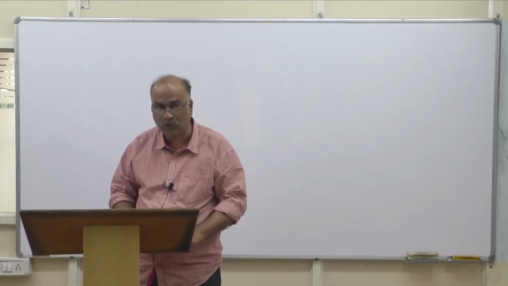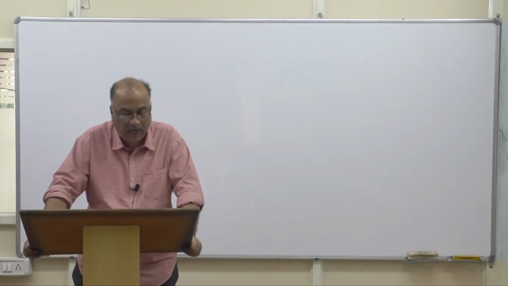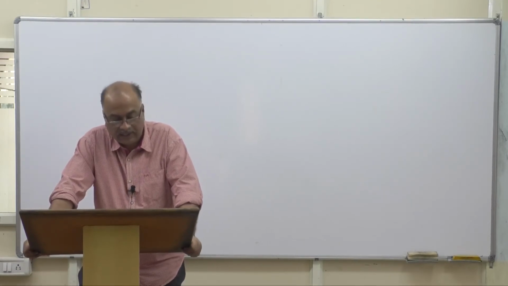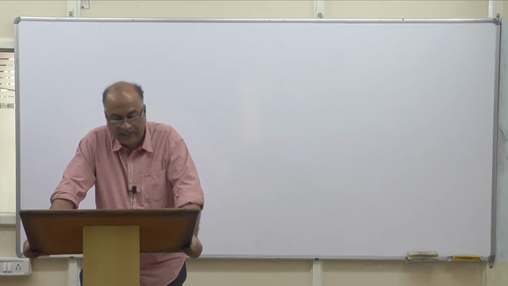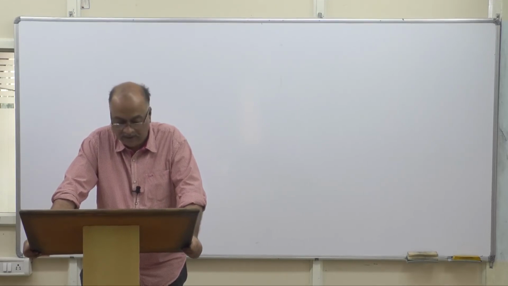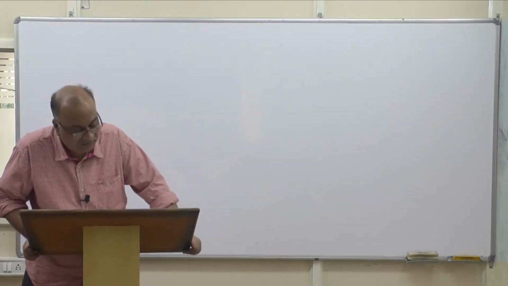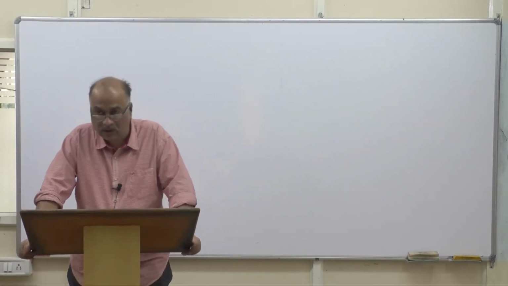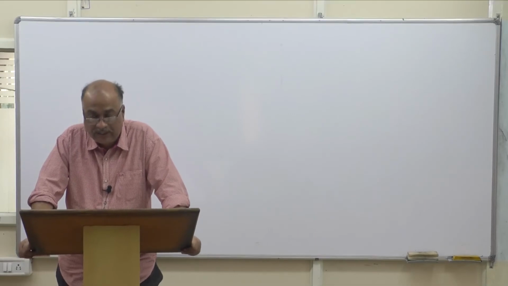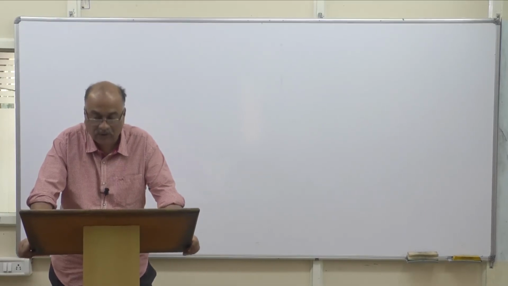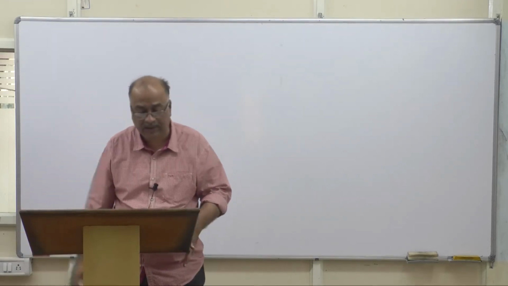With respect to question 62, which of the following articles are related to children? Article 39, Article 45, Article 21A, Article 51A. In fact, all these articles deal with the upliftment of children. Article 39 talks about the welfare of the society, which also includes the children. Article 45 specifically talks about early childhood care.